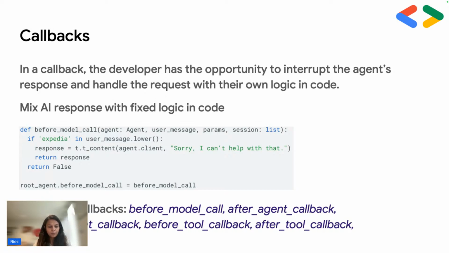Before your request goes into the LLMs, you want to ensure that there isn't any PII information in your user's prompt, or once the LLM generates an output, you want to make sure that there's no bias in the output, and whatever output is generated, it aligns with what the user has asked for. All those validation checks, you can use callbacks for those kinds of things.